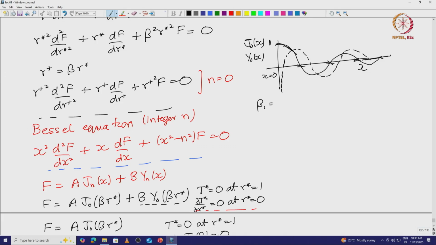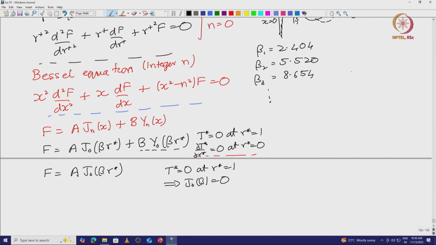The first few locations where it is satisfied are beta 1 equal to 2.404, beta 2 equal to 5.520, beta 3 equal to 8.654, and so on. So there is a series of points, beta 1, beta 2, beta 3, etc., where it is satisfied.